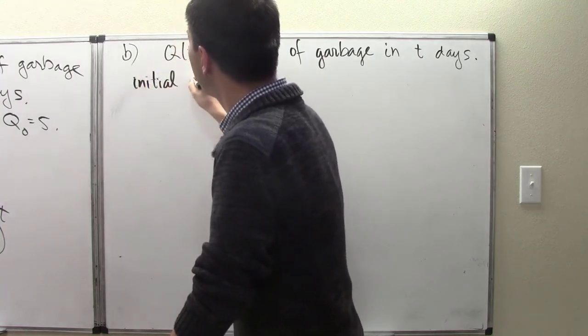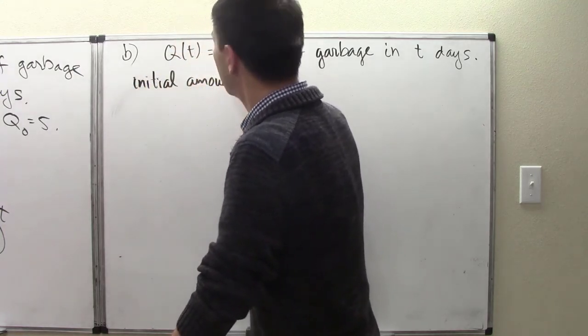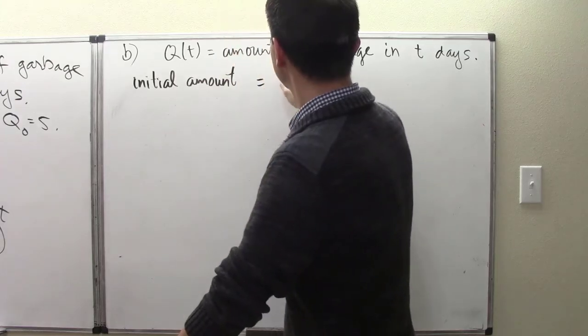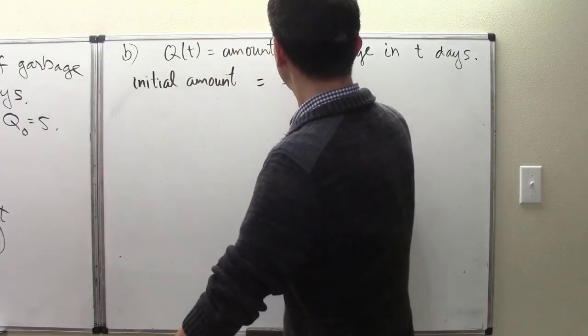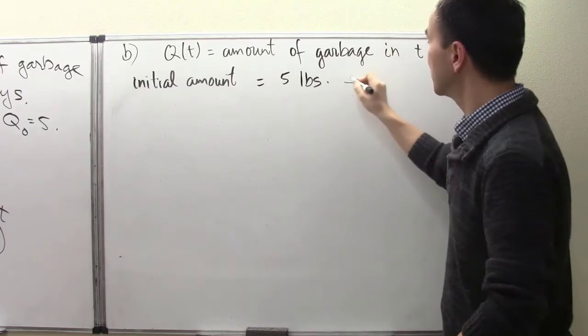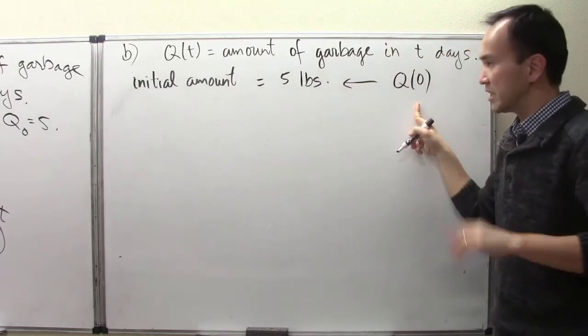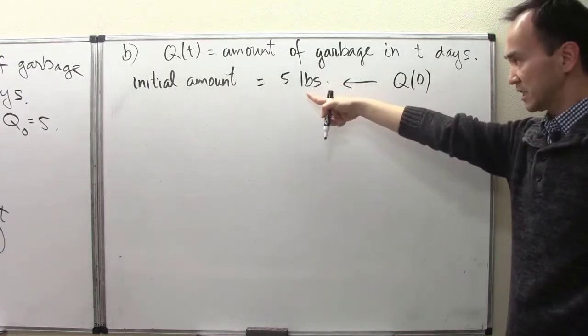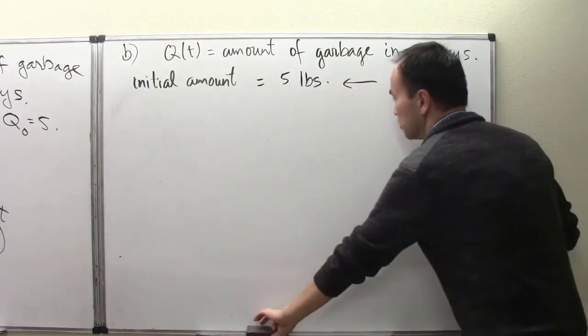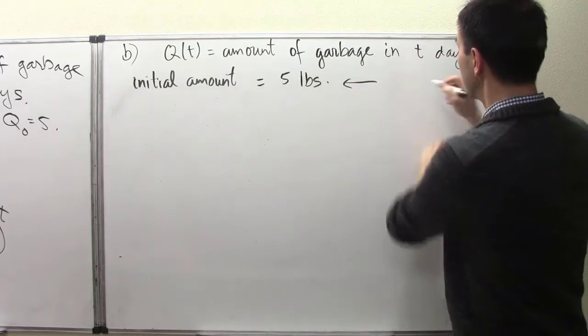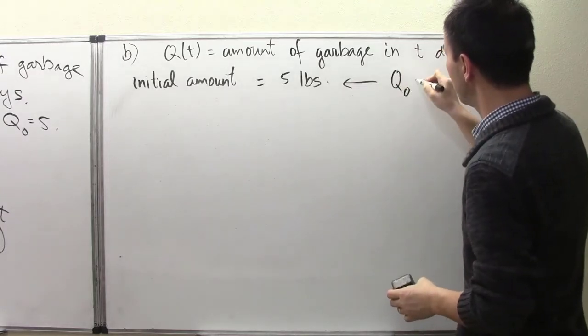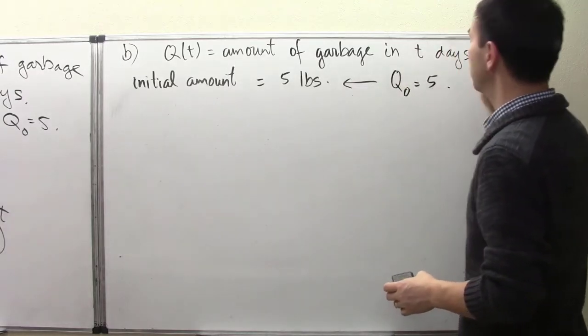So the initial amount we're looking at is 5 pounds. But that means this is Q of 0, because this is when time equals 0. Then we're looking at 5 pounds. So let's use the notation Q sub 0. So I'm looking at Q sub 0 equal 5.